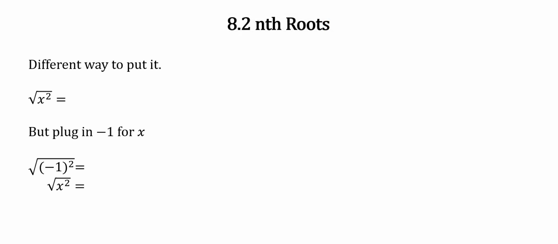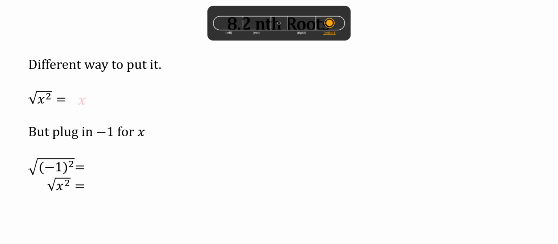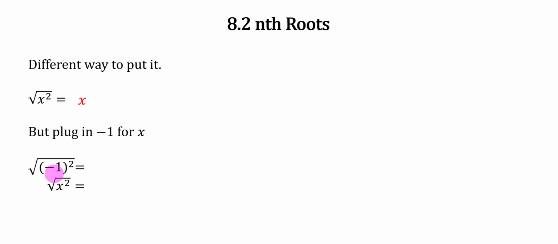So a different way to put it. Just trying to make an example here. The square root of x squared should be x. But plug in negative 1 for x, and what is negative 1 squared? So this would be the square root of positive 1, which is 1. But that doesn't work with this.